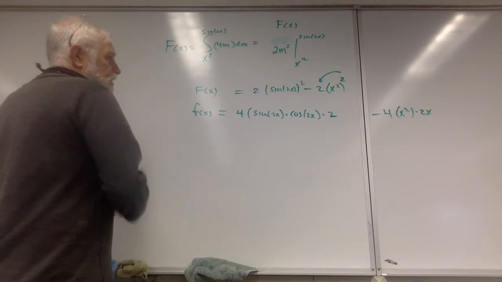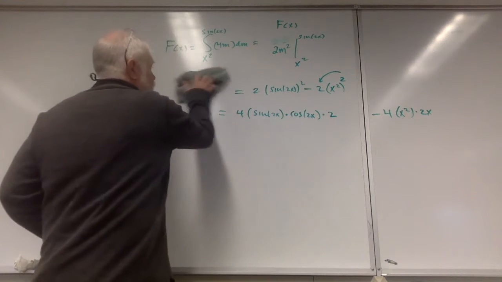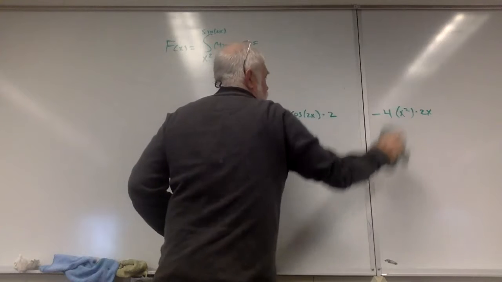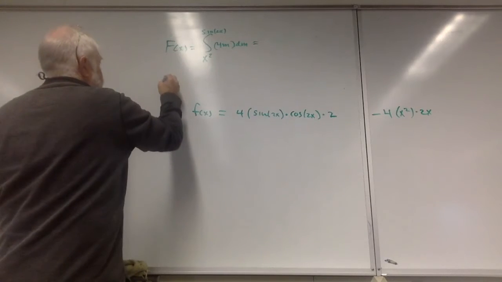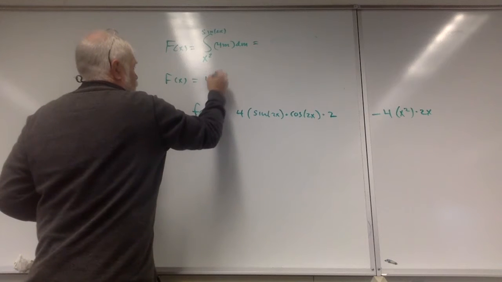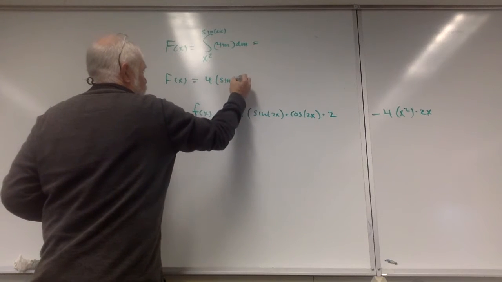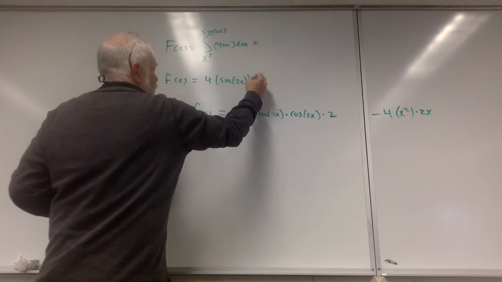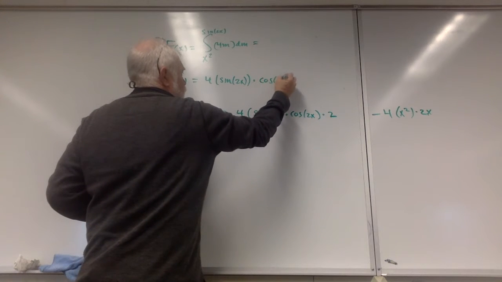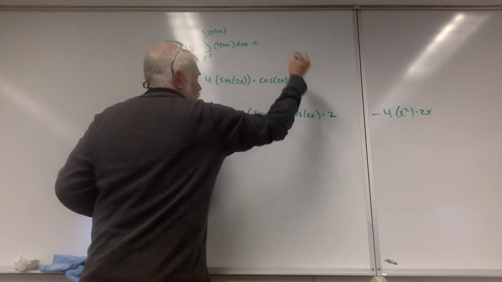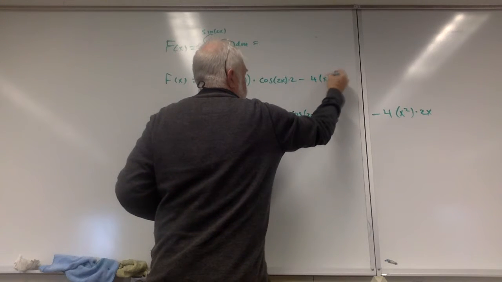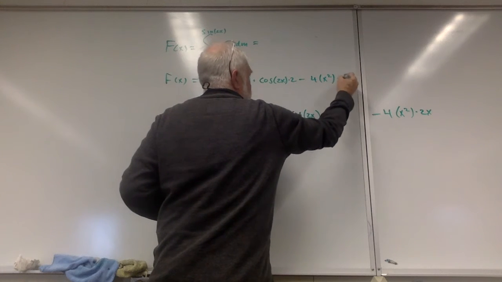All right, so let's condense this now. And let's just look at little f of x, right underneath it. We have 4 times the sine of 2x times the cosine of 2x times 2 minus 4x squared times 2x.